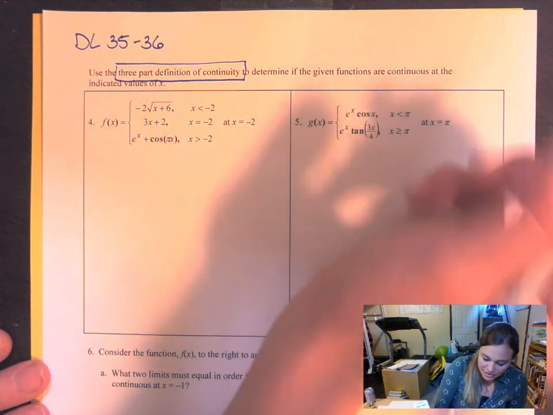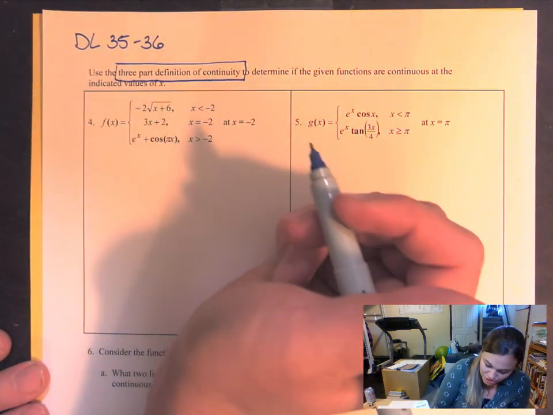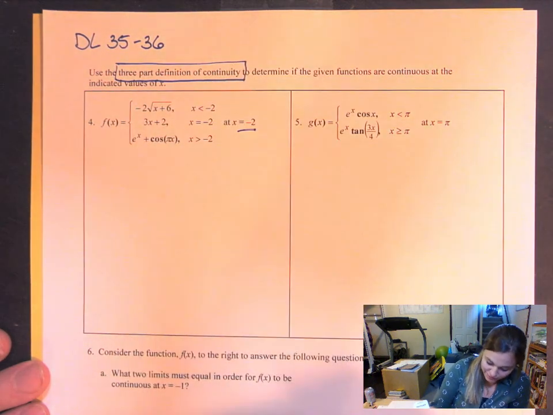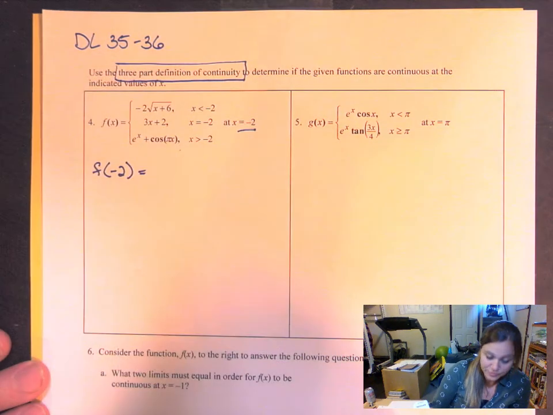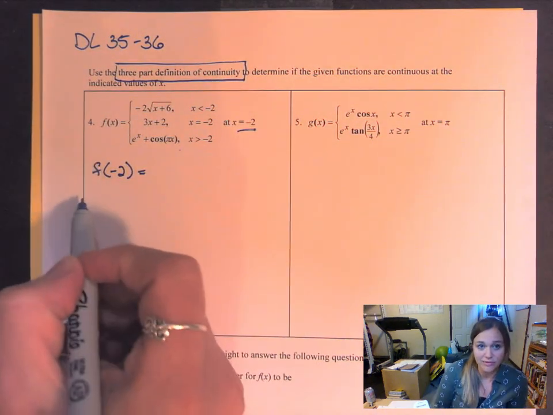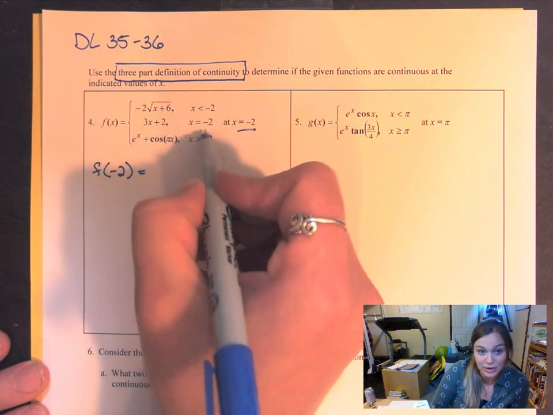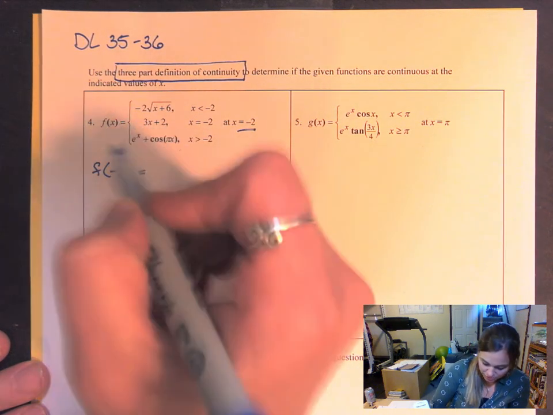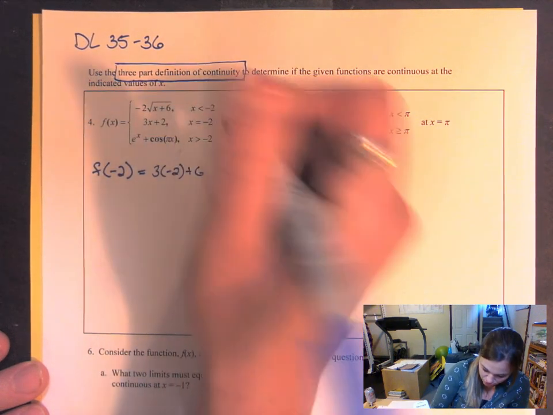In this one, I want to see, is the function defined? So this is a piecewise function. That's okay. And I'm talking about at x equals -2. So I want to know, is the function defined at -2? So the way I'm going to do this is actually find the value, f of -2. And I can see this part of the piecewise function is when x is equal to -2. So I'm going to do 3 times -2 plus 2.